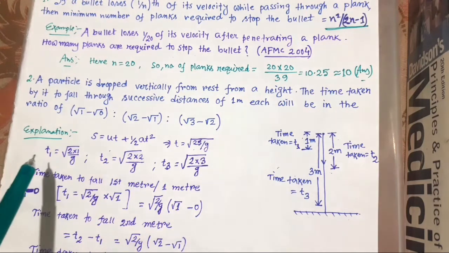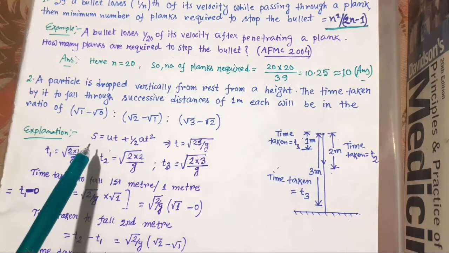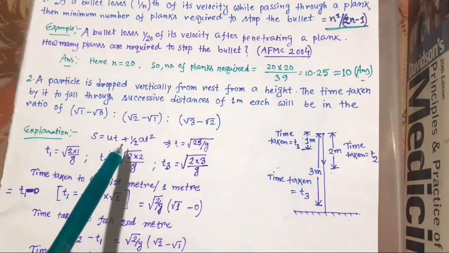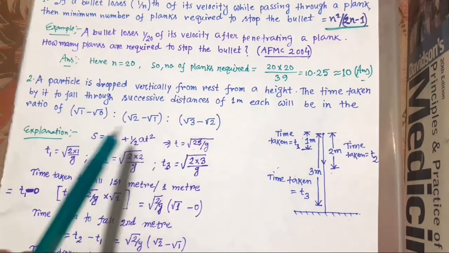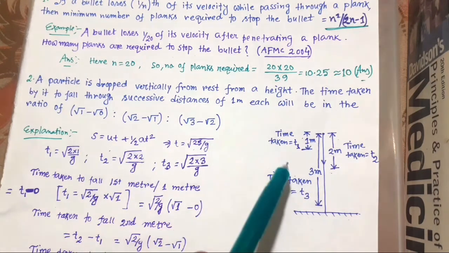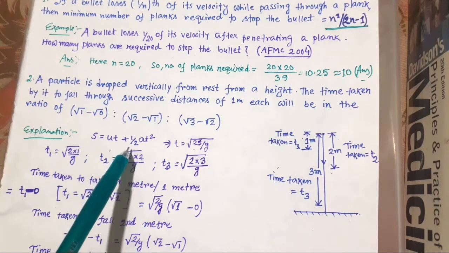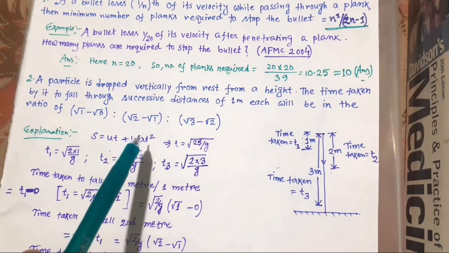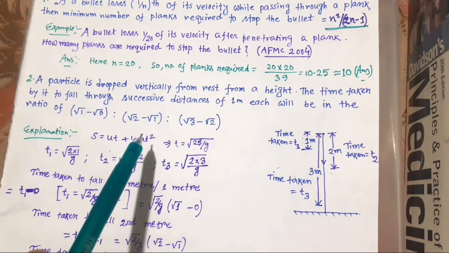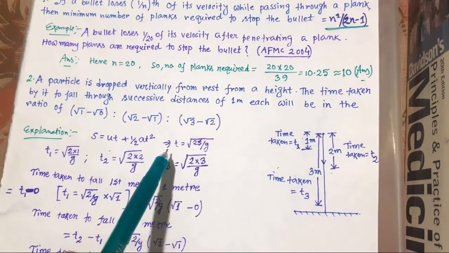Okay, now the explanation. We know the formula S equals ut plus half at square. So for a freely falling body, the formula is h equals ut plus half gt square, where g equals gravitational acceleration, the acceleration due to gravity.